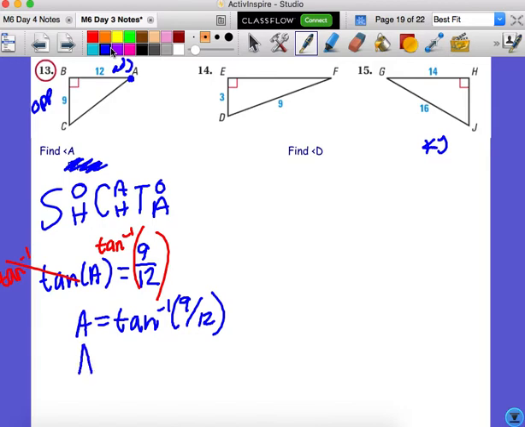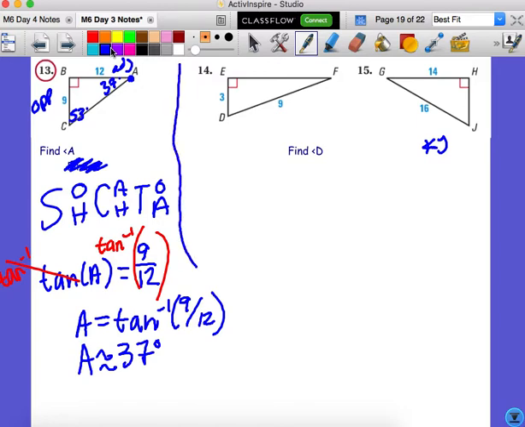And I find out that A is approximately, and again, we normally round this to the nearest degree if it's an angle, so let's say this is approximately 37 degrees. So now that I know that, if they ask me to find the other angle, all I would have to do is 180 minus 90 minus 37 tells me that this is approximately 53.